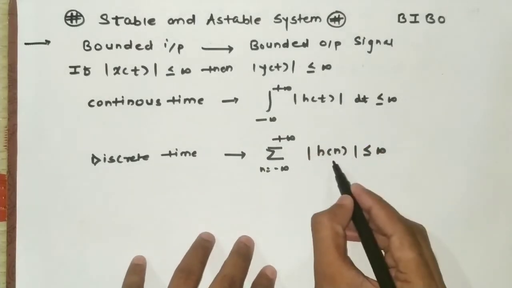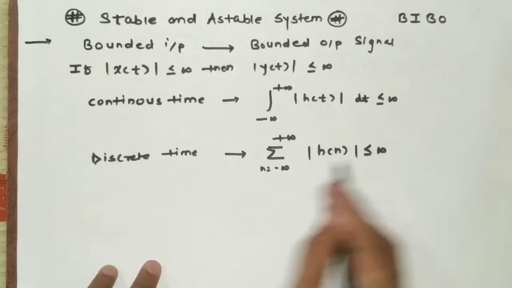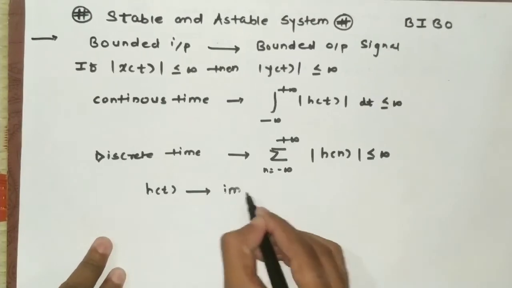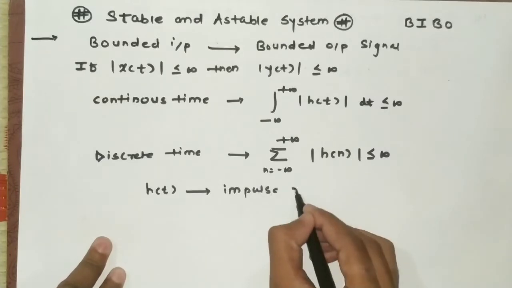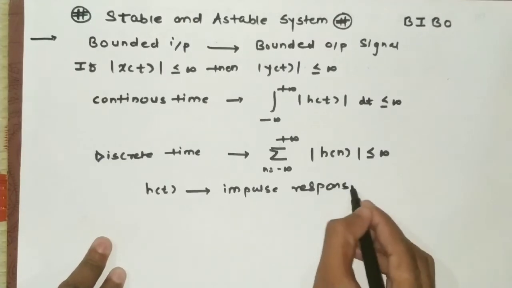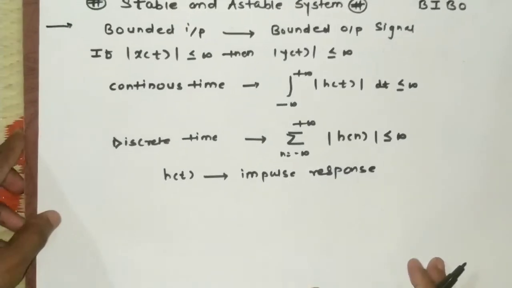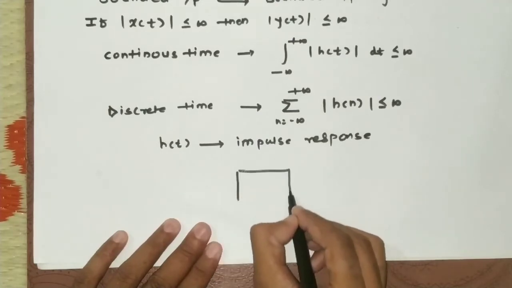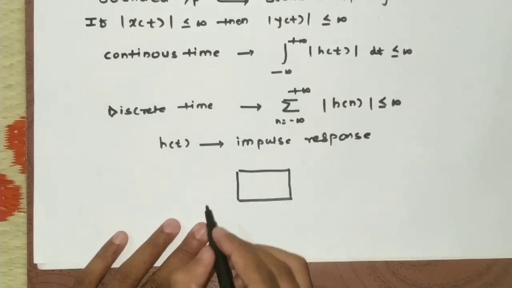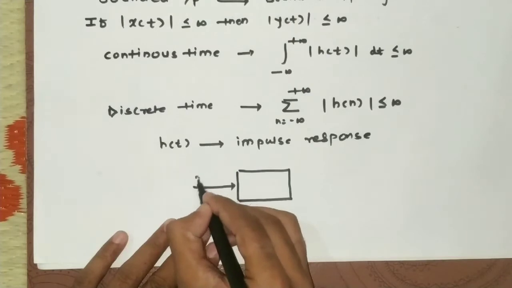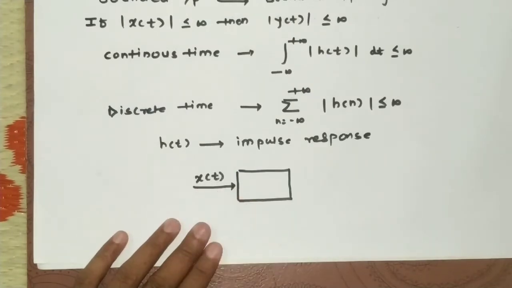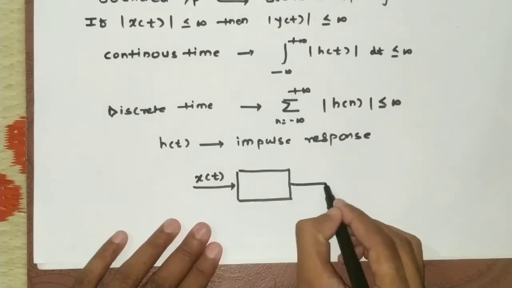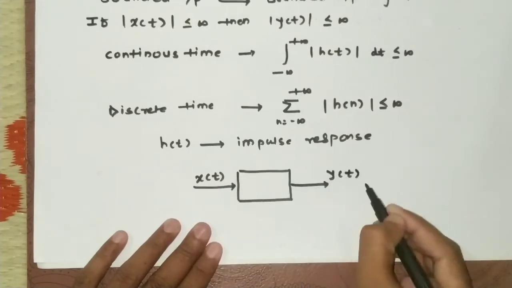Now this h of t and h of n is nothing but, I will write it here, it is known as the impulse response of the system. Now how will we get this impulse response? Let us understand this with the help of a system. If this is a system, I am assuming that I have an input signal x of t. Now if the input to the system is x of t, its output response becomes y of t.